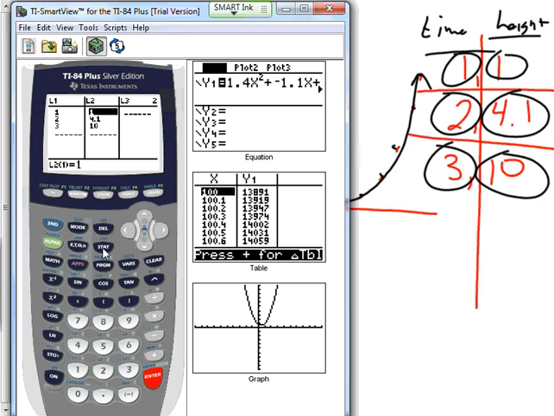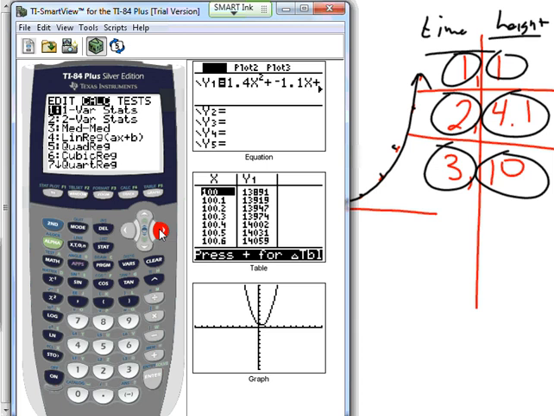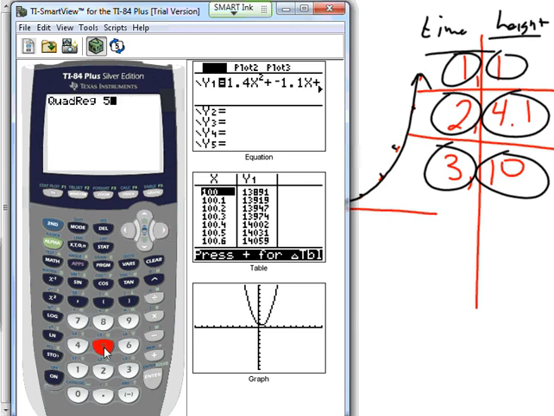Now I'm going to go to Stat, Calculate, a quad regression. That's number 5. You know your data's quadratic, so you can try a quad reg. I think I hit 5 twice there, so I'm going to back up and get rid of that. Now I do second L1, comma, L2, comma, Y1.